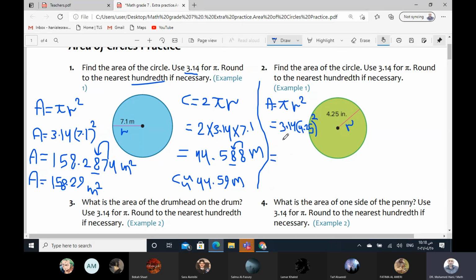So we can calculate now. We have 3.14 times 4.25 squared, which means 4.25 times 4.25. So the answer will be 56.71625 inch squared.